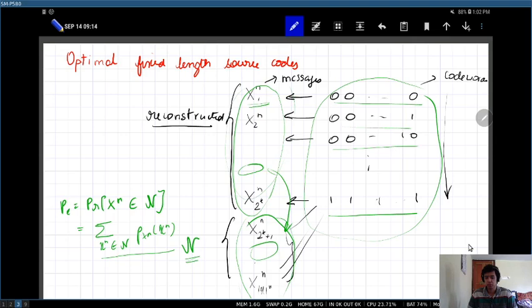So what is the smallest rate that we can achieve for a vanishingly small probability of error? And once we have a good understanding of fixed length source codes, we'll then go into variable length source codes. Although the requirements are slightly different, it turns out that the fundamental limits are approximately the same.